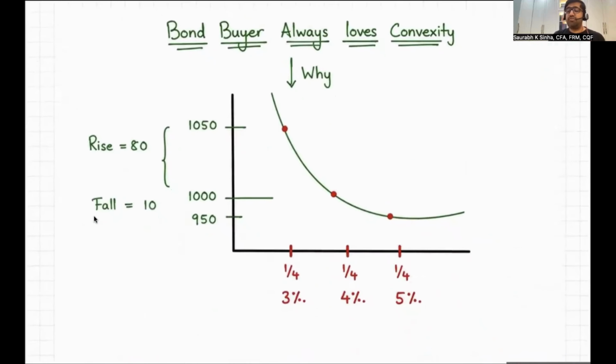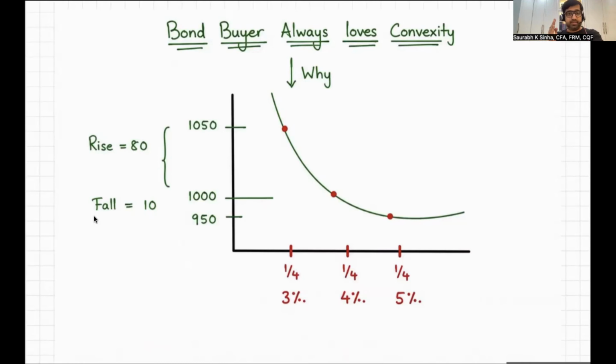What does that mean? It means when the interest rate in the market rises, bond prices fall. When the interest rate falls in the market, bond prices rise. But the movement is not in a straight line. The relationship is curved.